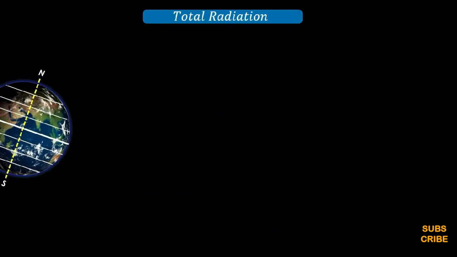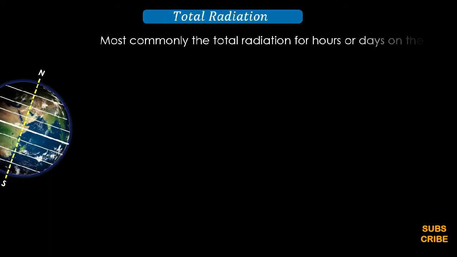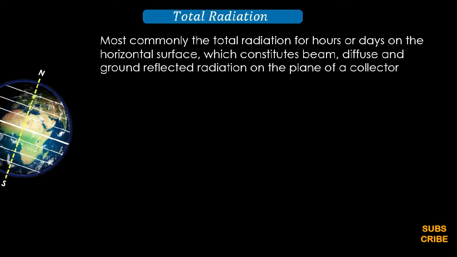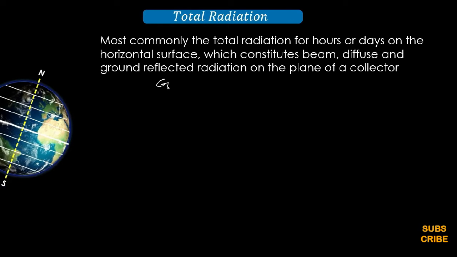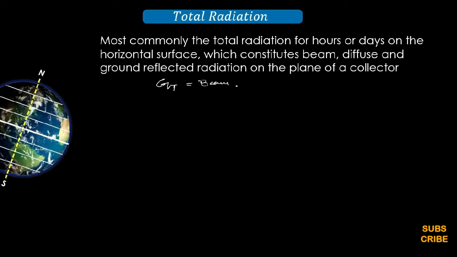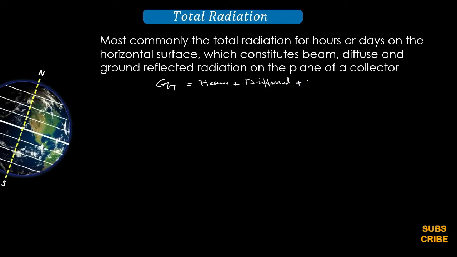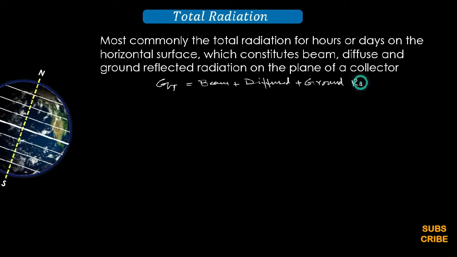Now we will discuss total radiation on a tilted surface. Most commonly, the total radiation for hours or days on the horizontal surface constitutes beam, diffuse and ground reflected radiation on the plane of the collector. This is going to be the total radiation on a tilted surface, that is beam radiation plus the diffuse radiation plus the part of ground reflected radiation.